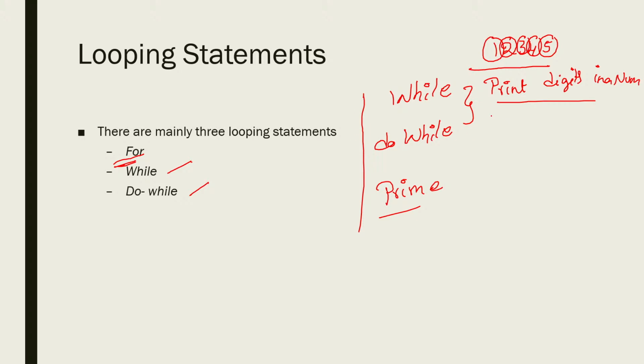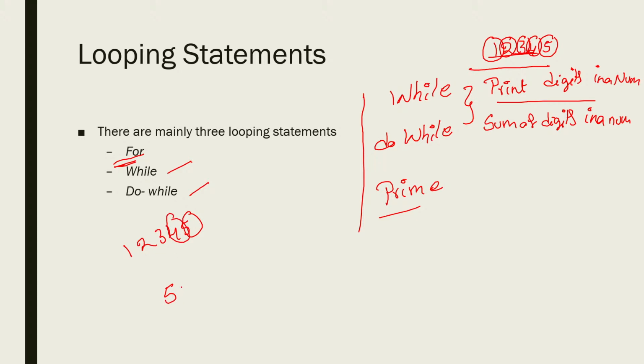Then sum of digits in a number, same as this. If I give 1, 2, 3, 4, 5, it means take this value, add it.